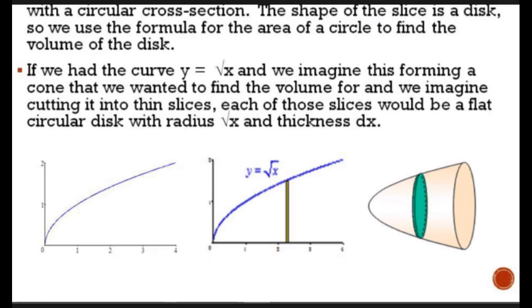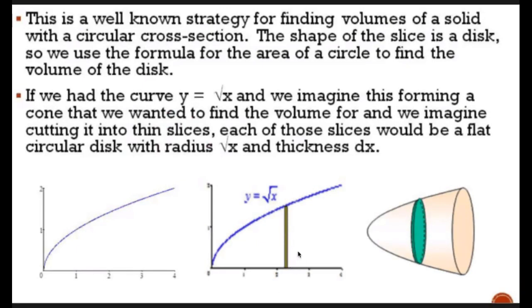Well, this one might not have been a square. I was just saying this is a shape. It could be a square, it could be a circle, it could be anything. For this example, it said if we had the curve y equals square root of x. Yeah, it says the slice is a disc. That's what I was going to say. I was jumping through examples to try to give you the 3D visualization.